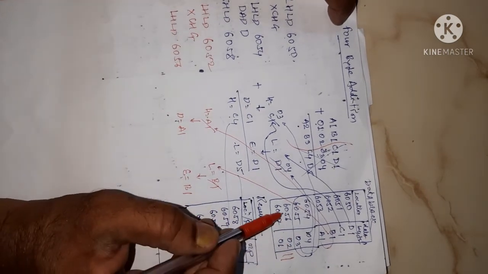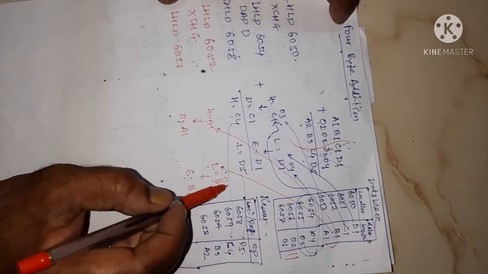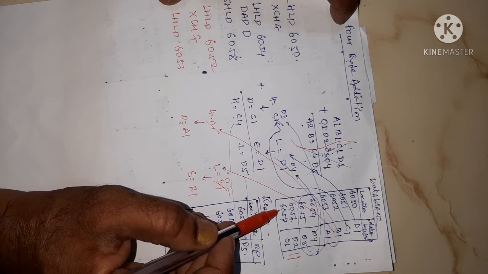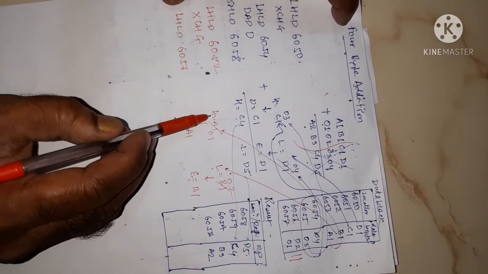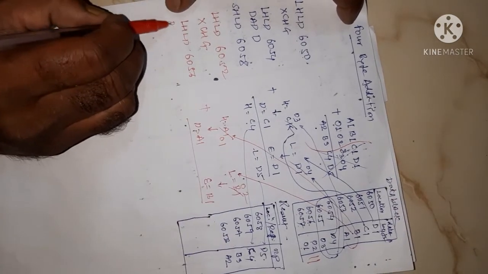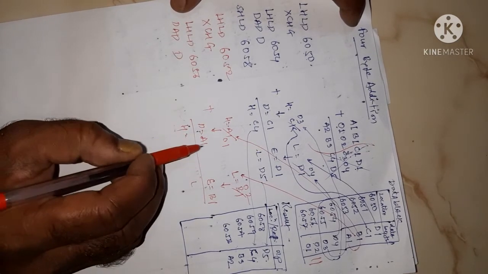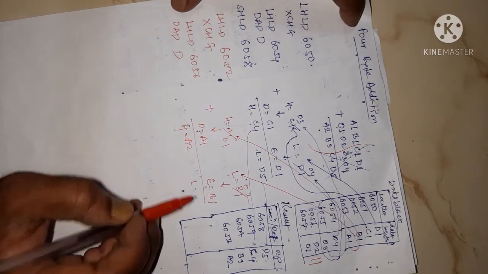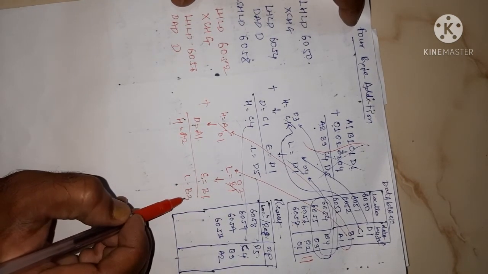So the content of 6056 comes in L, that is 02. The next location content, 6057, that is 01, will come in H. After getting contents in the HL and DE pair, which can be added using the instruction DAD, to get the output in the HL pair, that is nothing but A1 plus 01, that is A2, and this 02 plus B1 is nothing but B3.